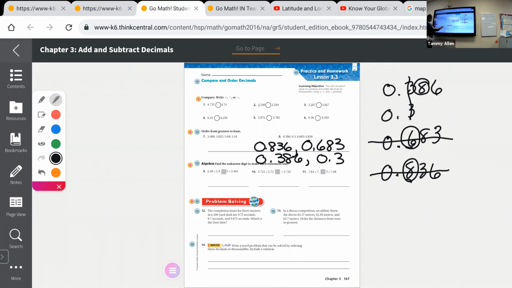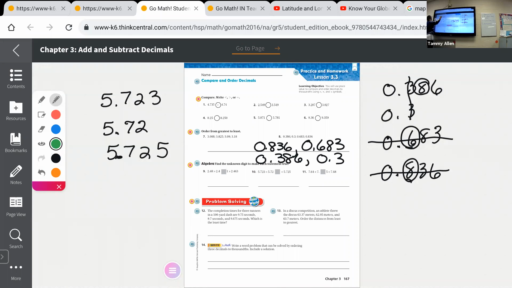Number 10. This is supposed to be larger than that. And this is supposed to be smaller than that.